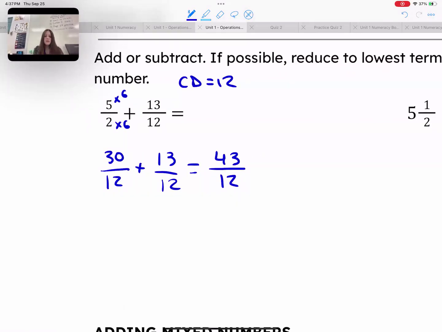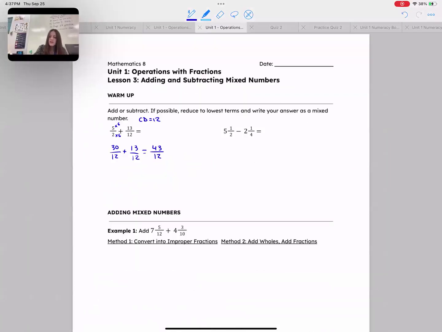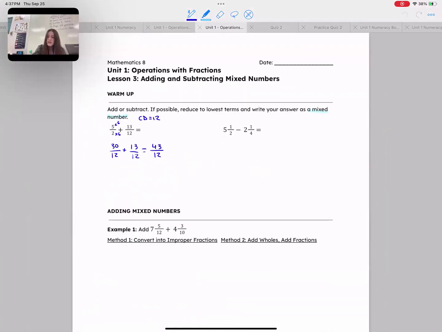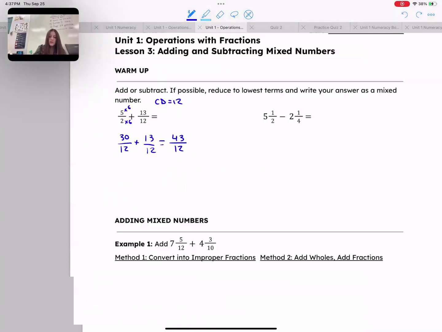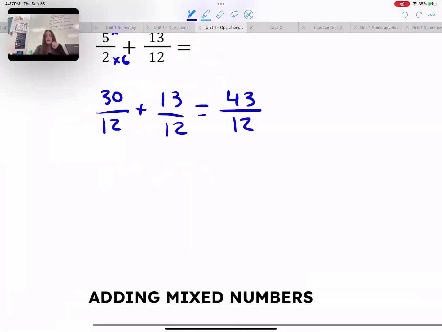Next, I want to put it as a mixed fraction because this question tells me to do that, so I am going to do that. And to put it into a mixed fraction, if you remember, I am trying to figure out what is the biggest multiple of 12 I can fit into 43. So the biggest multiple of 12 I can fit into 43 is going to be 12 times 3, which is going to be 36.